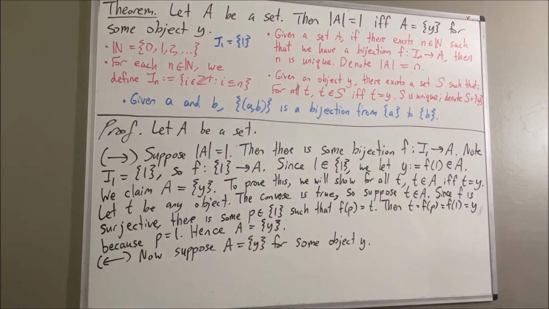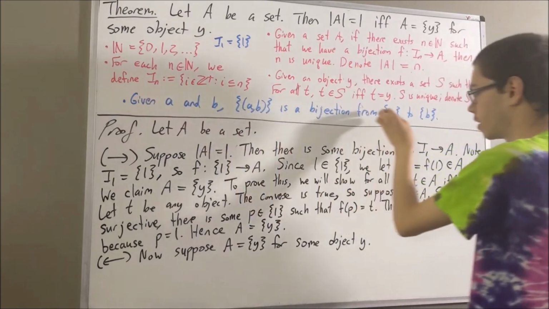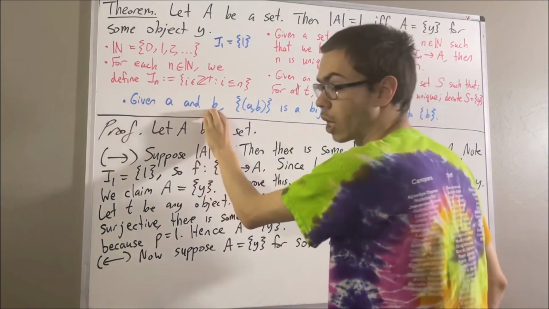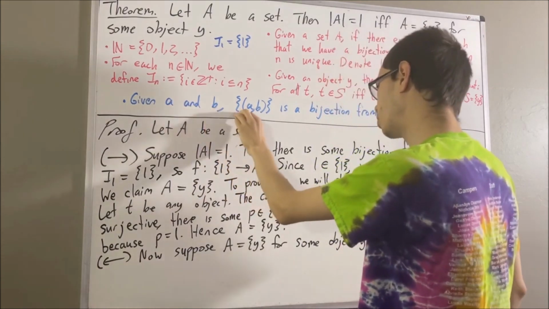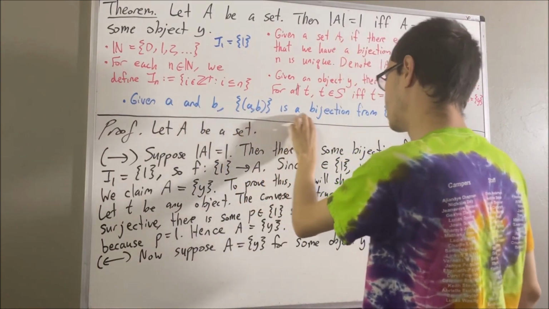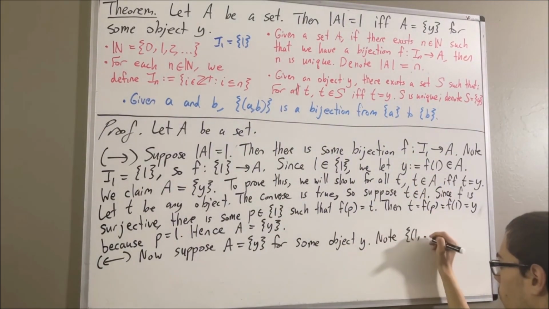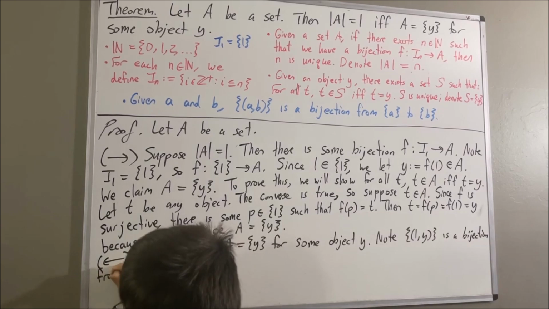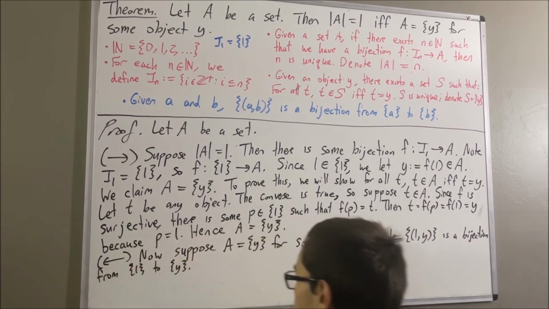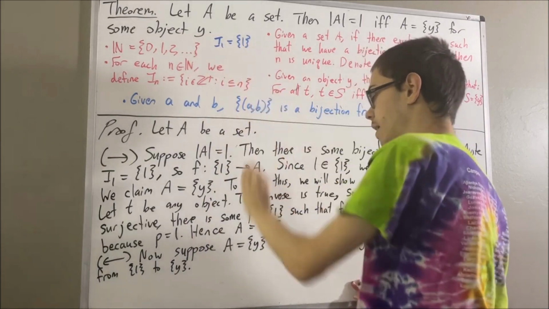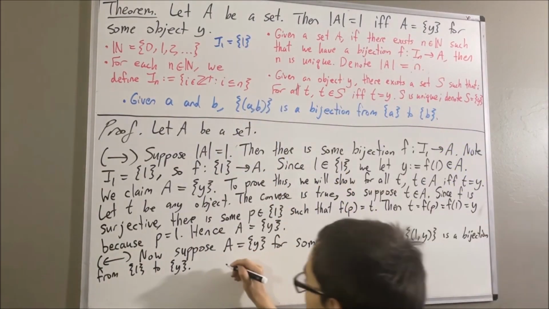Now, we're going to apply this fact. If we take A and B to be 1 and y, well, the singleton set of the ordered pair (1, y) is a bijection from the singleton set of 1 to the singleton set of y. And we know that I1 is equal to the singleton set of 1, and A is equal to the singleton set of y.